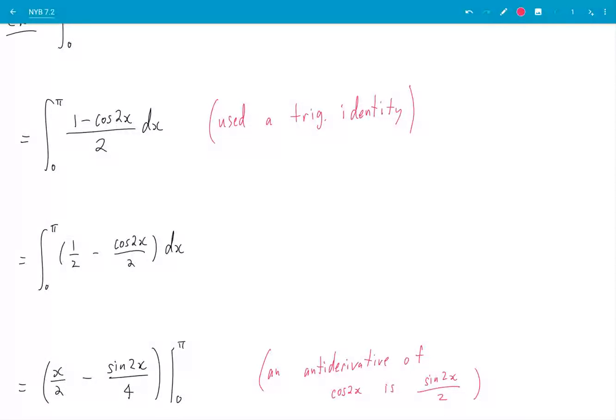Just let you copy that. Pause, copy. I'm going to say something very smart right now. To integrate this term, we end up with a 4 down here. Why is that?